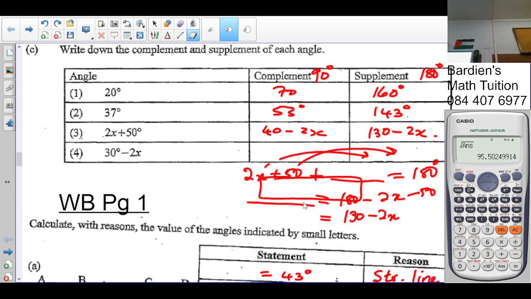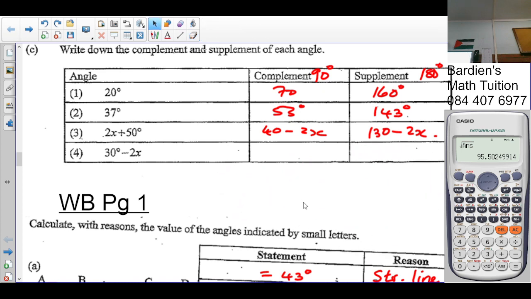Alright, so most of you got number 3 wrong, so I'll give you a chance to do number 4. I'll give you a minute. Answer for me number 4.